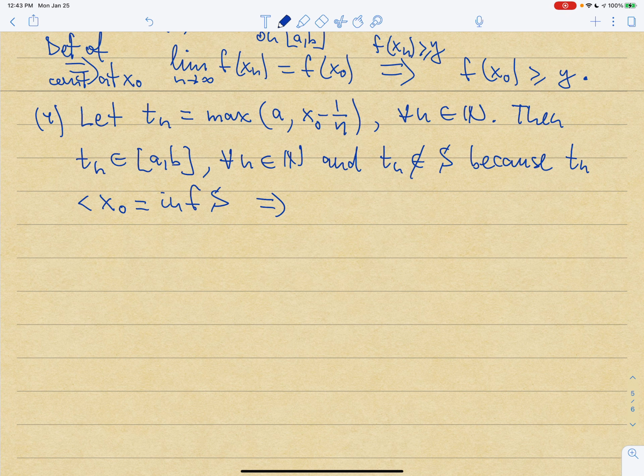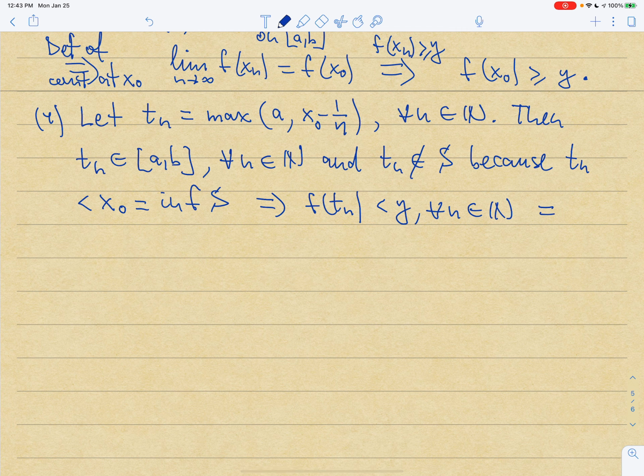So that means that f at Tn, because Tn is not in S, f of Tn must be smaller than y, right? Again, this is true for any n in N.